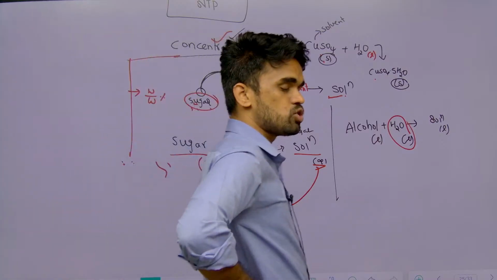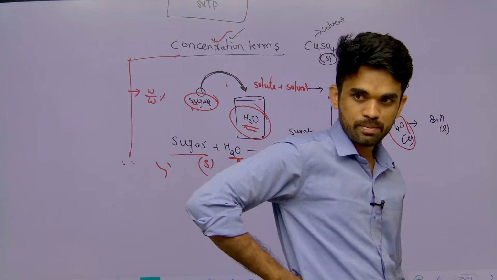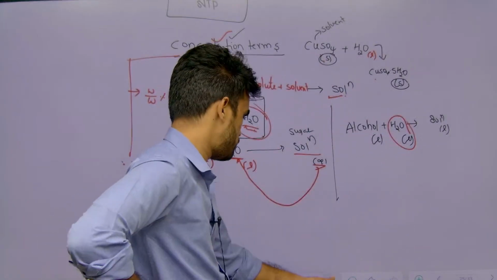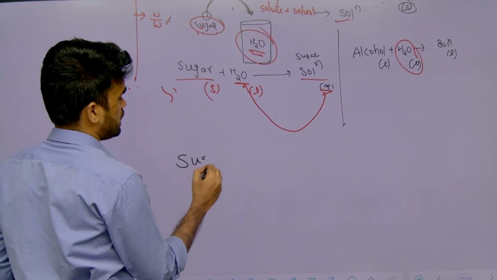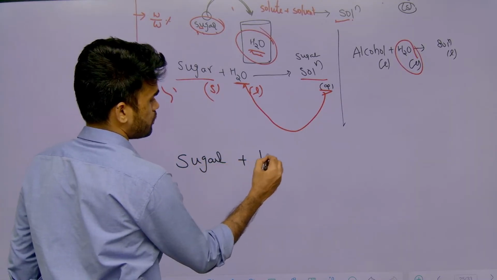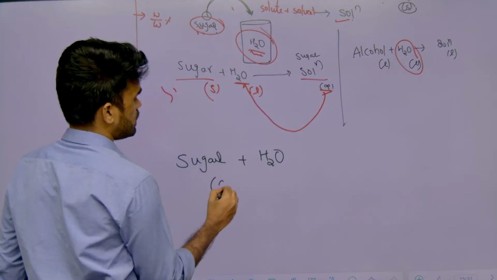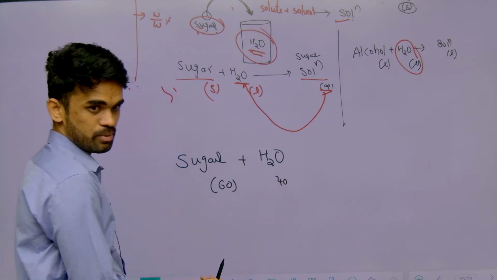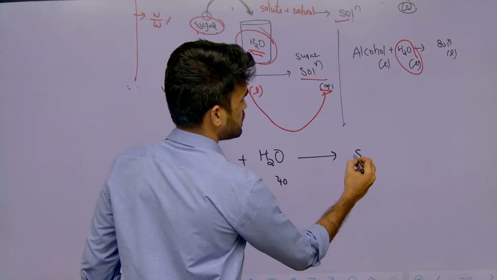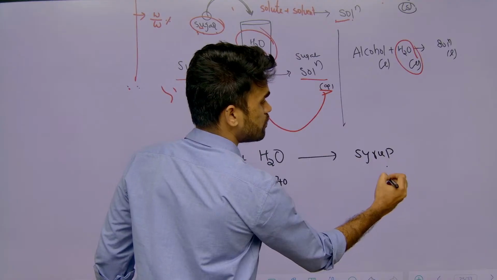Sugar syrup, everyone knows sugar syrup. Sugar syrup generally contains sugar plus water, but the sugar quantity is almost 60% and the water quantity maybe only 40%. Syrup will be in the liquid state only.